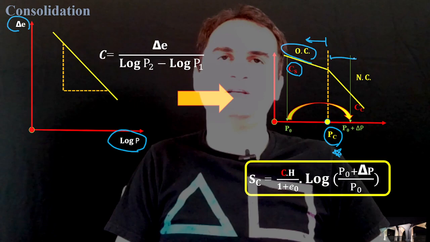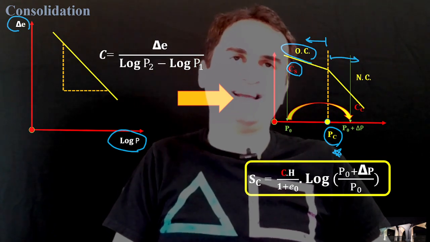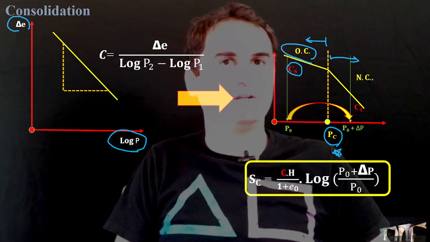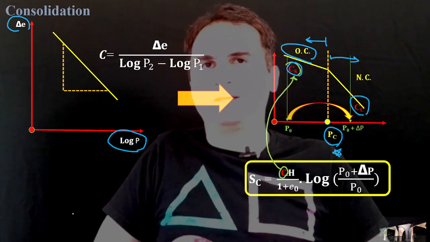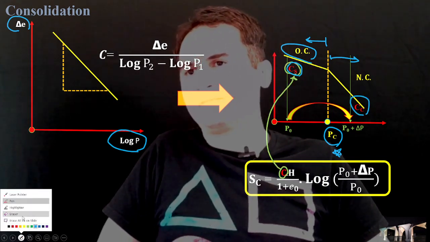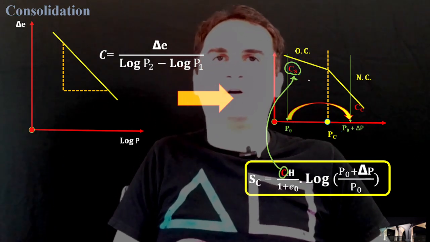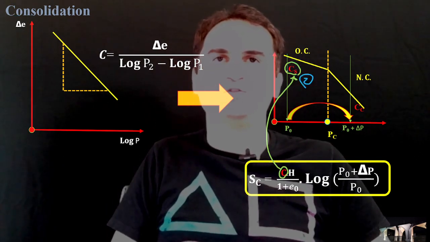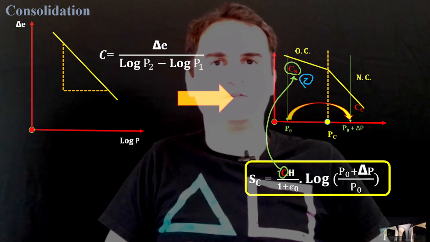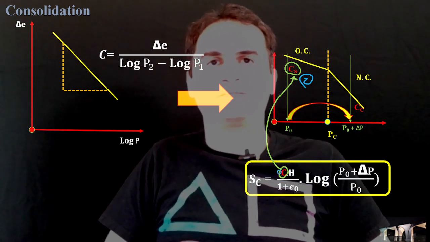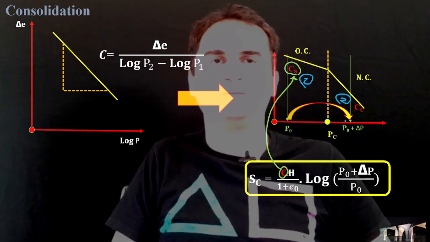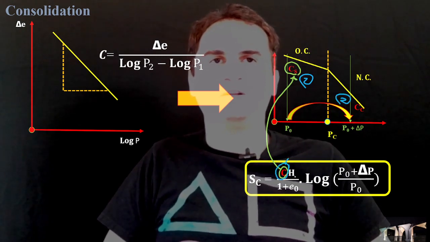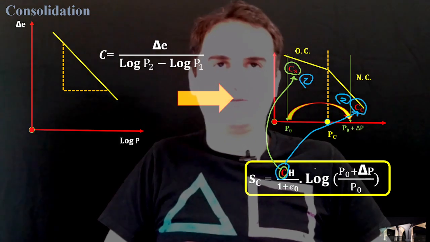If you're passing your limit line, we call that normal consolidation soil, and you need to use this equation. So if you are in the first part of our chart, use CS for your coefficient, and if you are in the second part, you definitely use CC.